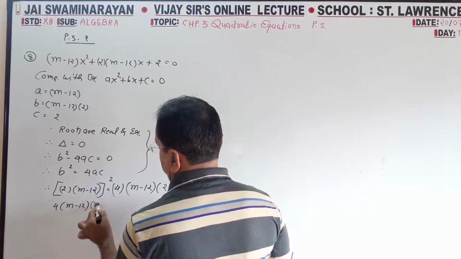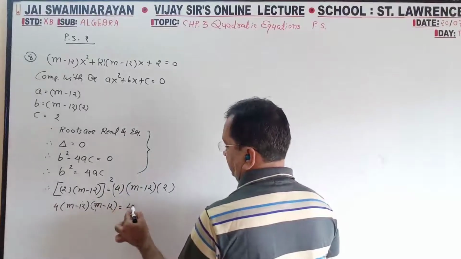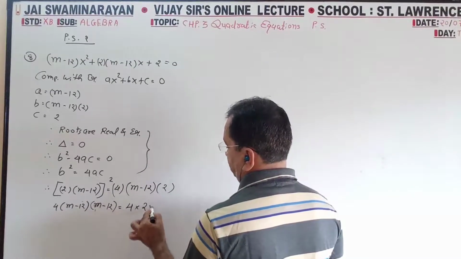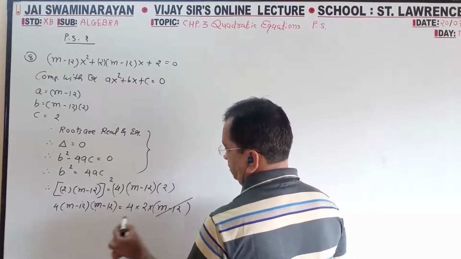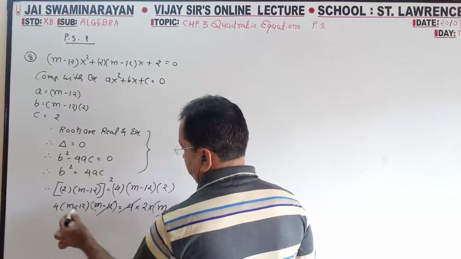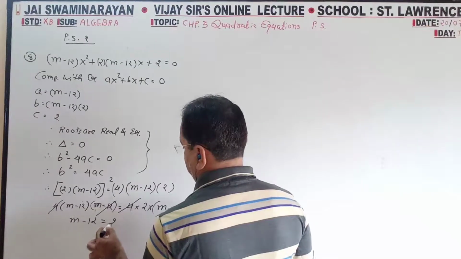See how simple it is. So 4 I will write separate, 2 I will write separate. So I can cancel this, I can cancel this. So m minus 12 is equal to 2.